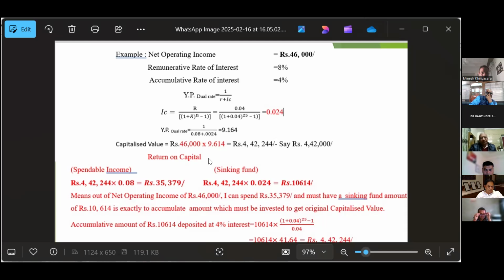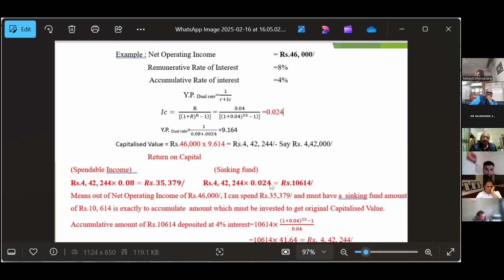Out of 4,42,244, 8% is your remunerative rate, means 8% of 4,42,244 is 35,379, and the remaining 4,42,244 into 0.04, 10,614, is the amount which you have to deposit in the bank every year for 25 years.